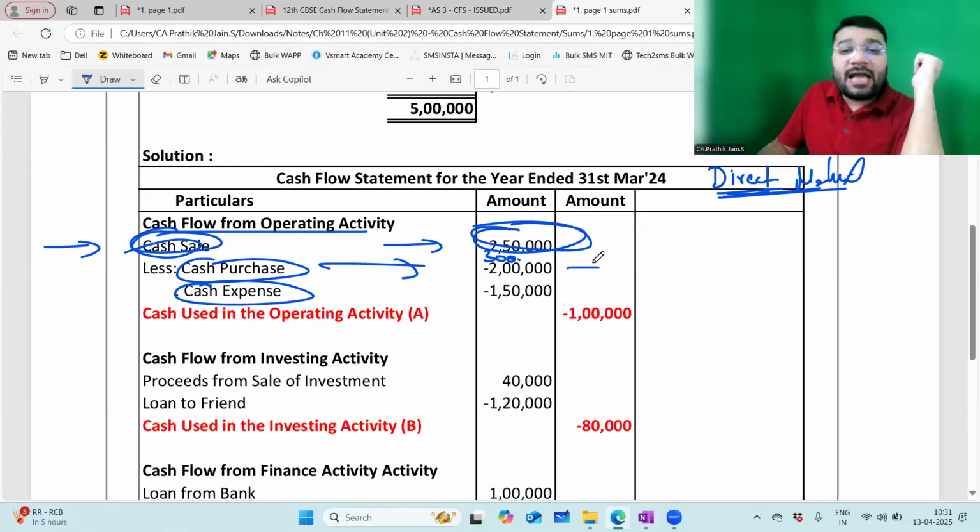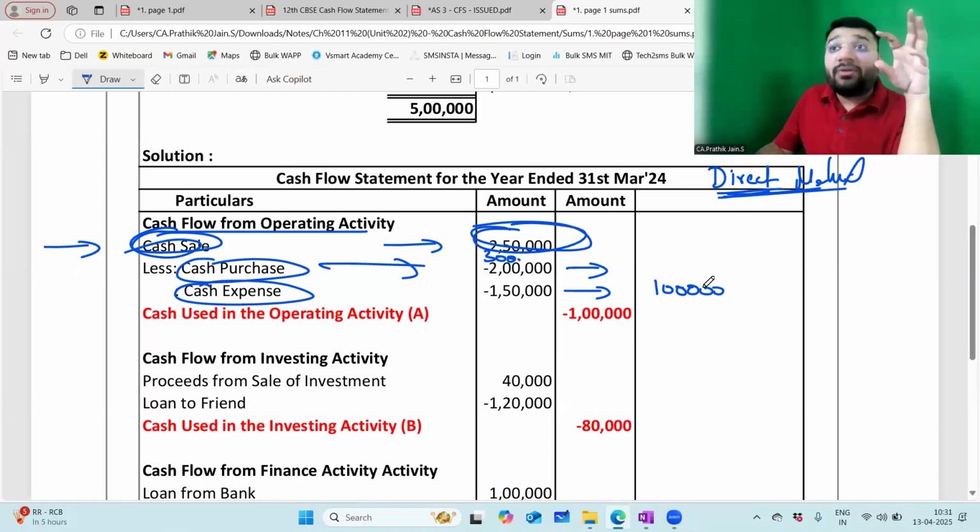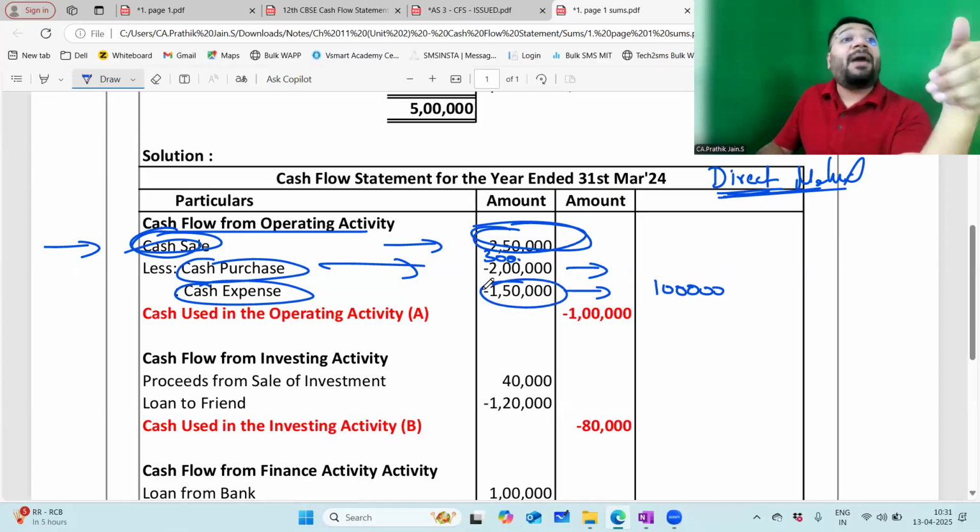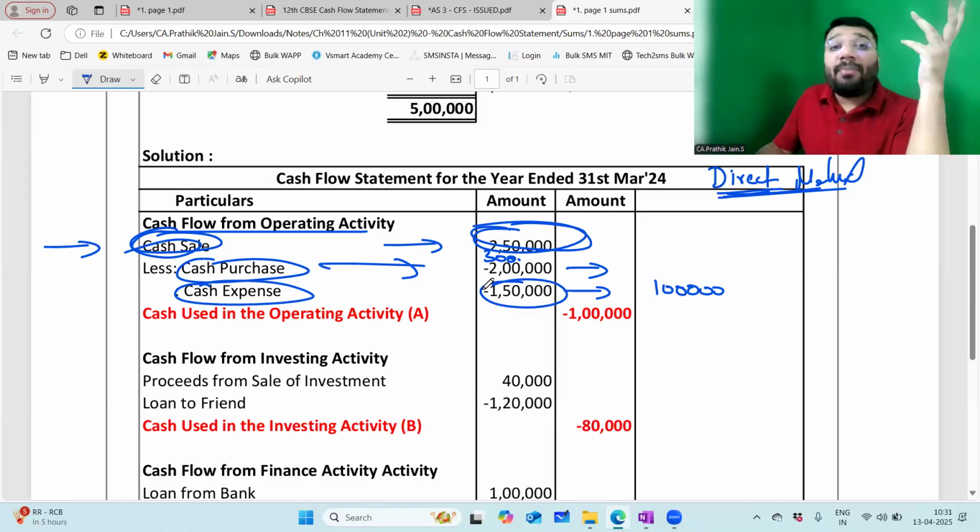Or say you kept a budget of 1 lakh rupees for cash expenses, but you ended up spending 1,50,000 rupees. Now this can lead to budgeting control. In future, I'll try to restrict my cash expenses because it is apparent that so much money has been spent here. So here I'm able to make more decisions compared to the indirect method.